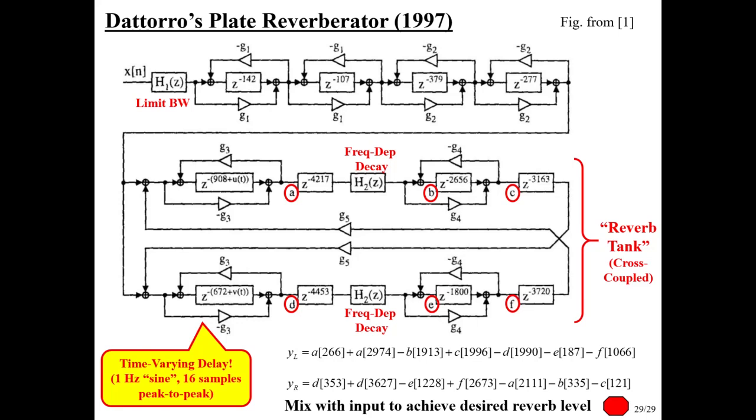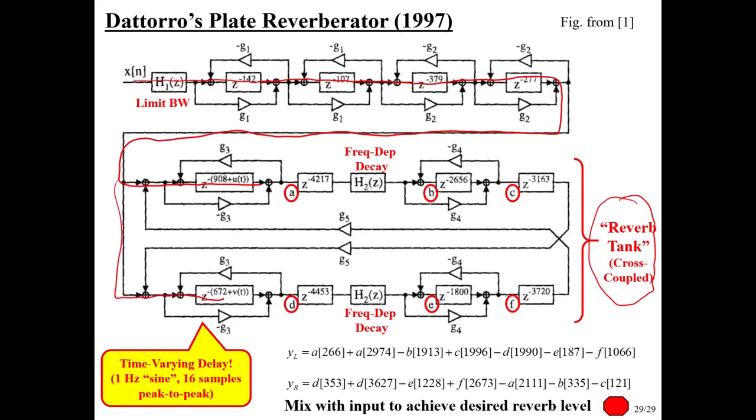Another interesting thing in here is this kind of cross-coupled structure that I think the quotes there are referring either to Gardner's term for this or De Toro's term, a reverb tank. So what's going on here, right? We come through a bunch of all-pass filters. We come down here, and then we go into here and into here.